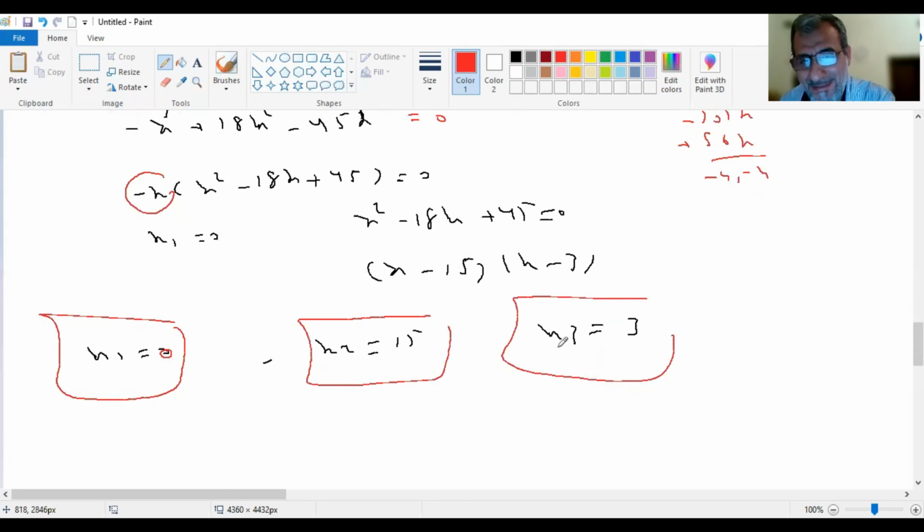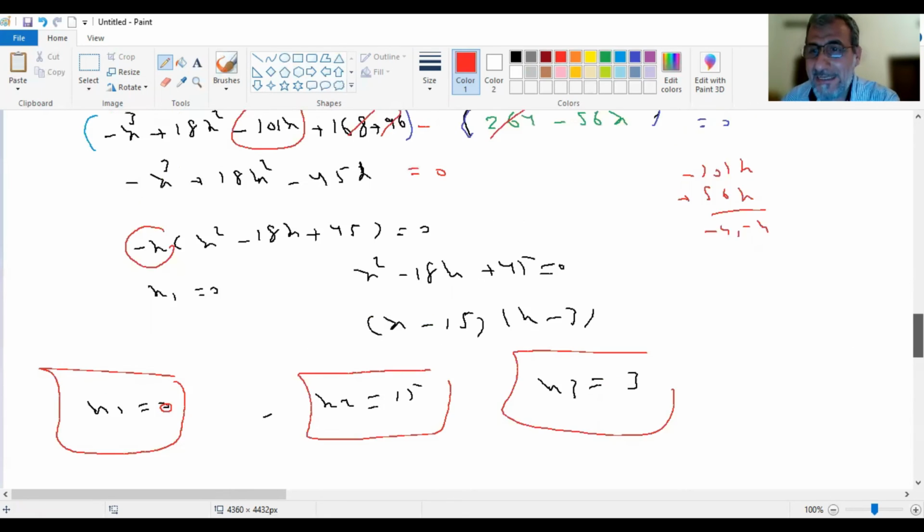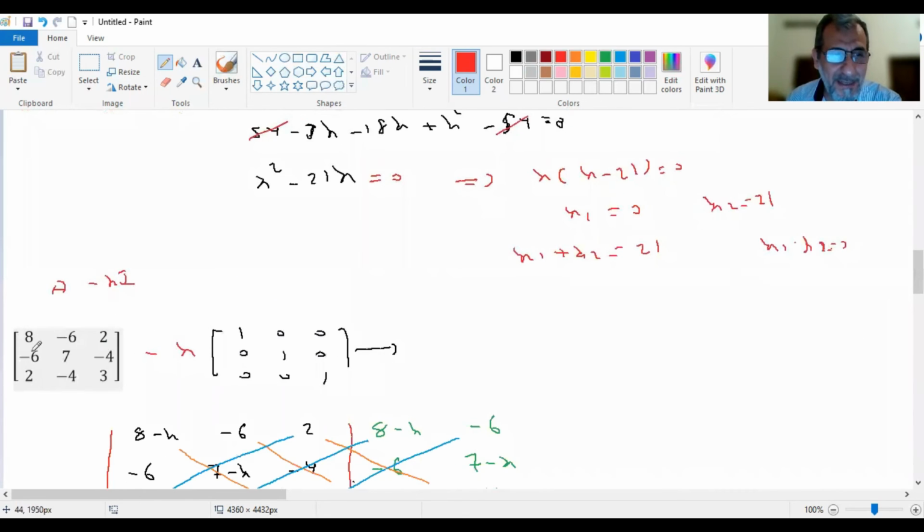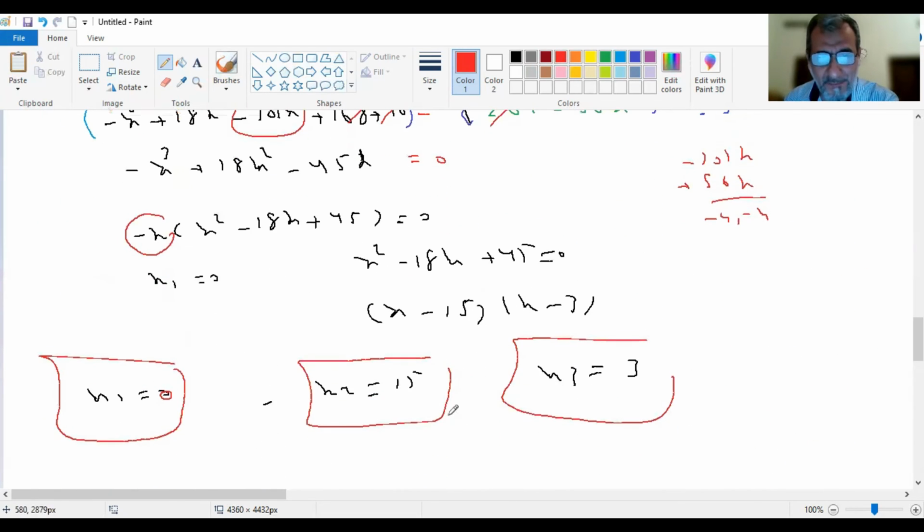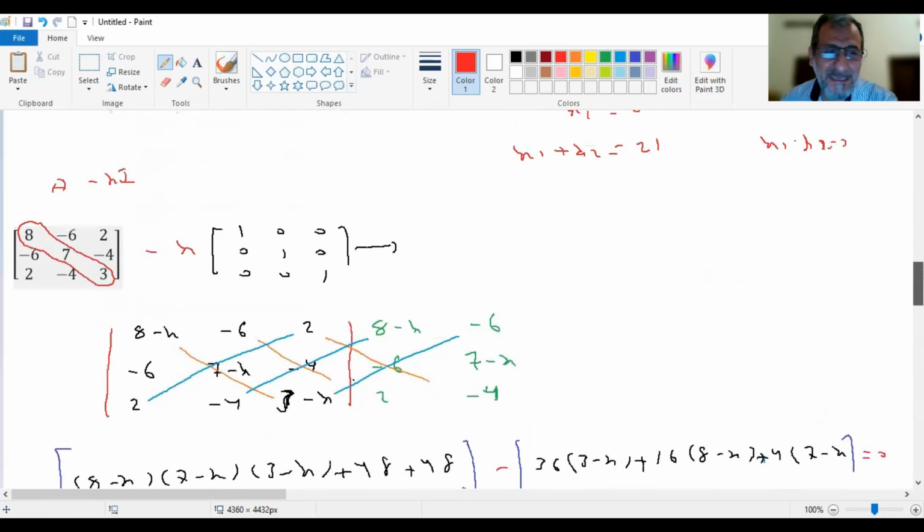If we add them, 3 plus 15, 18, plus 0, 18. Let us add the diagonal. What about the diagonal? 8 plus 7, 15, plus 3, 18. So 8 plus 7 plus 3, 18, which is equal to the sum of lambda 1 plus lambda 2 plus lambda 3, 0 plus 15 plus 3 equal to 18, which is the same as this one.